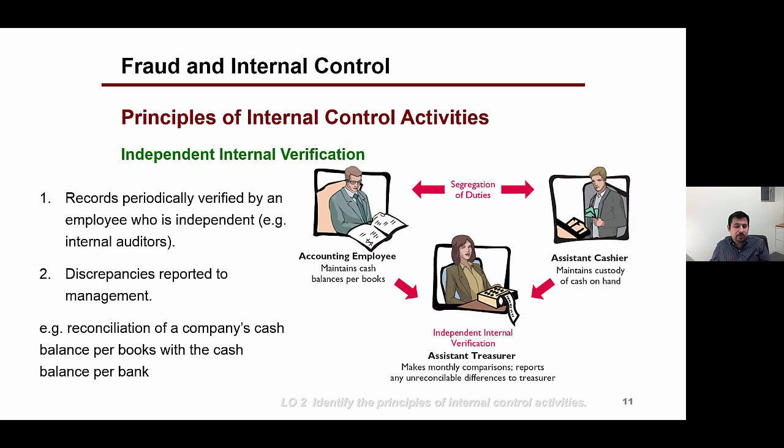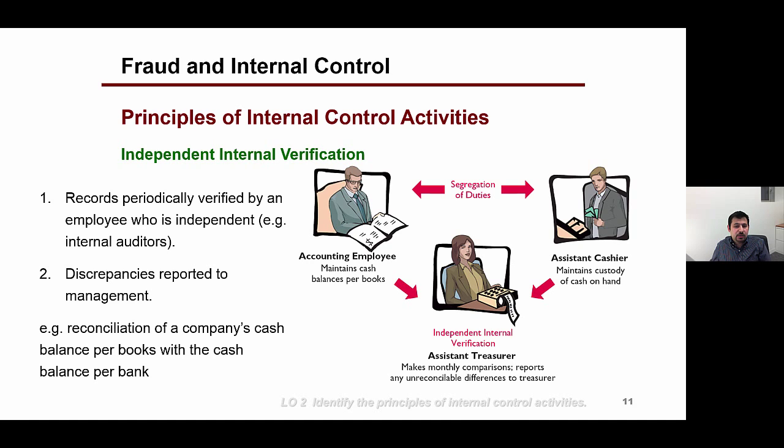This is, for example, the accounting employee. In this case here, the accounting employee who maintains the cash records would give the internal auditor or the assistant treasurer the amount of cash that is supposed to be there according to the company's books.